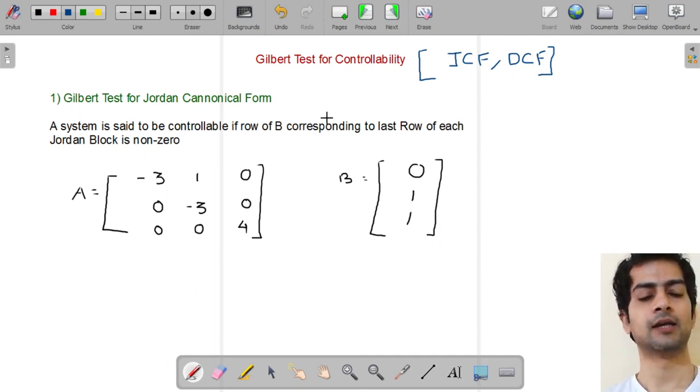See, in the exam, almost 95% of questions, our A matrix will be in JCF or DCF if you are asked to find observability or controllability, because the examiner also knows that if it is not in this form, then it is very time consuming to find its solution.